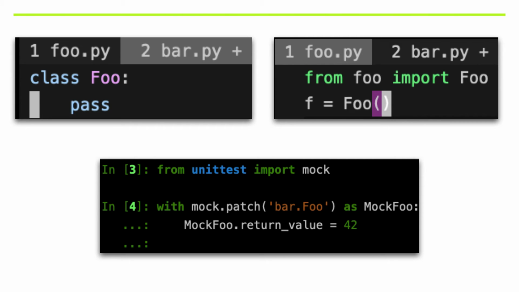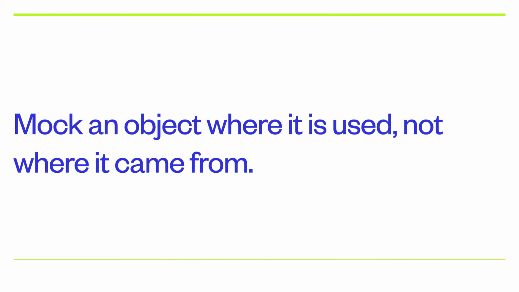I've just written here, for example, return_value equal to 42, but I can assert some things with this mock object called mock_foo, right? But if you observe here, I've done bar.Foo. So it's coming from the module bar.py, and it's not coming from the module foo.py. The essence is that you should mock an object where it is used and not where it came from.